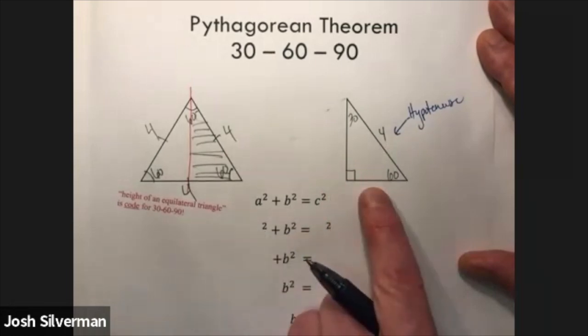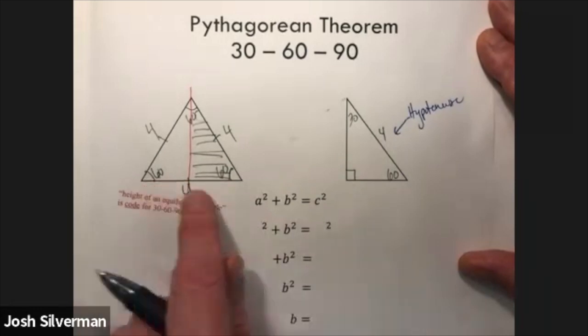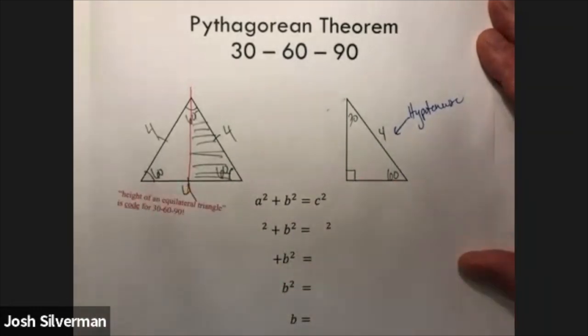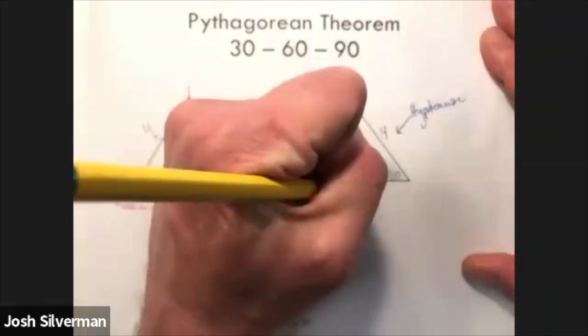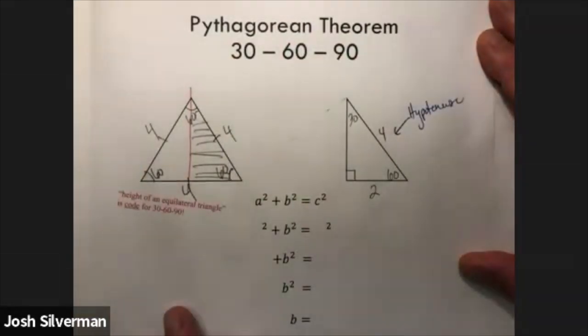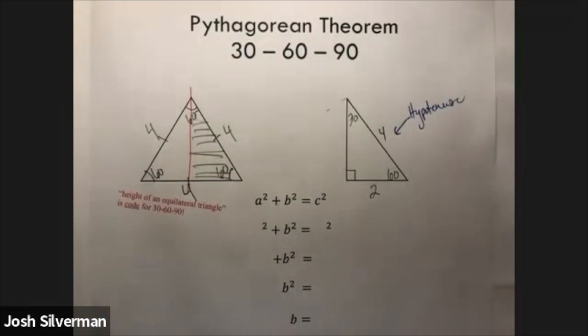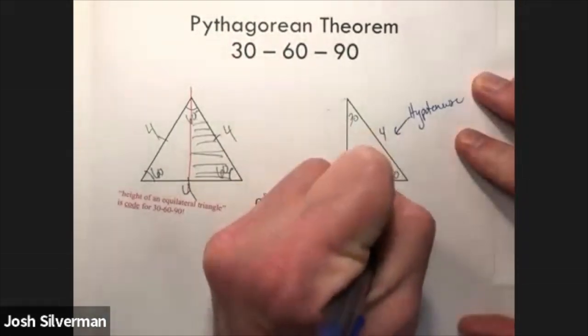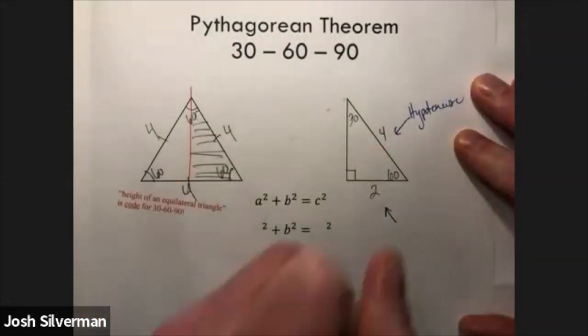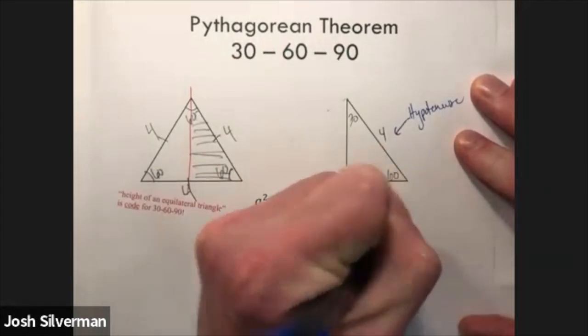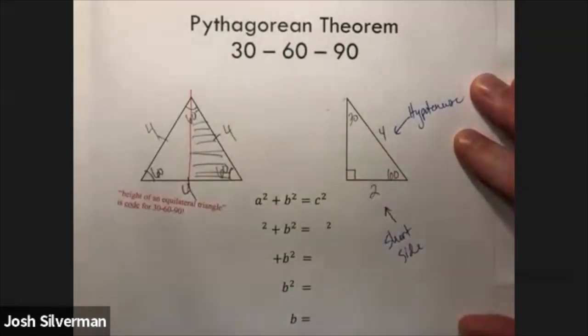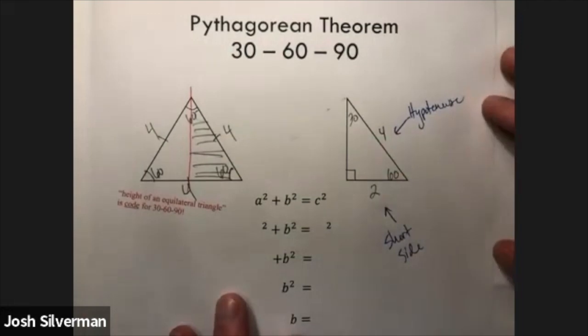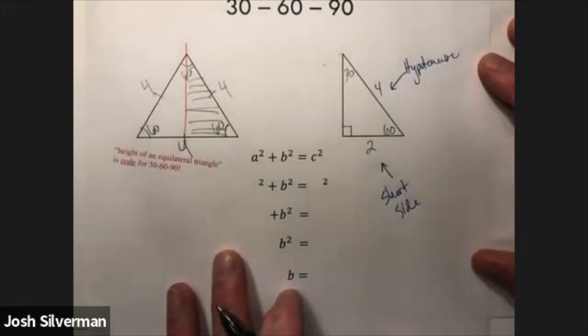Now, the short side was half of the long side, because we cut it in half. So that would be 2. And I call this the short side.